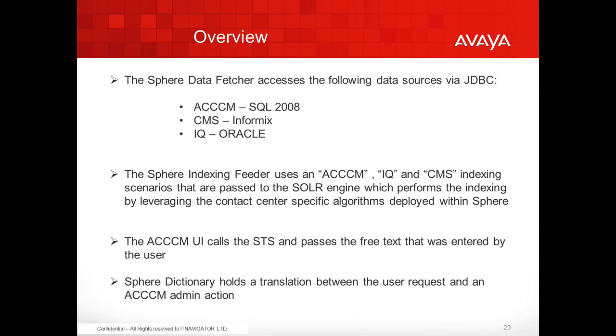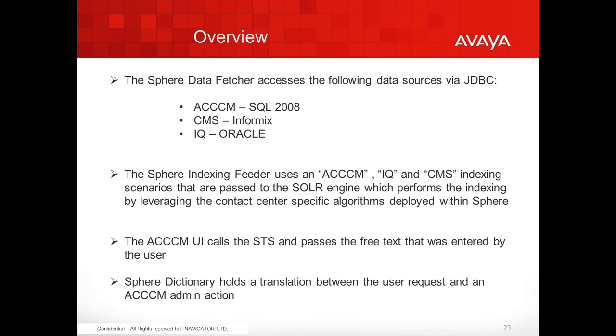So this is the control sphere again, and we introduced Control Sphere back in release 6.3. In release 7, we decided to enhance the Sphere capabilities to affect not only the ACCCM environment, but also the reporting environment, whether it's a CMS or an IQ reporting system.